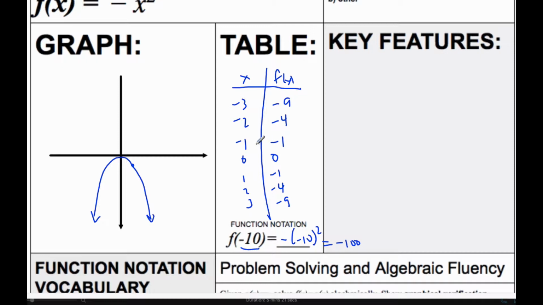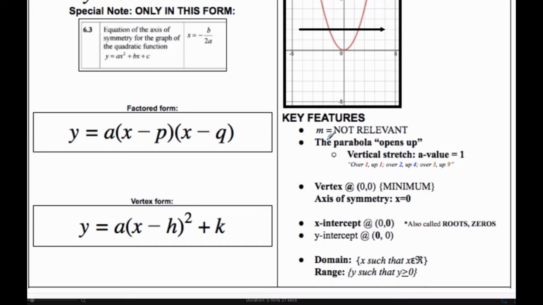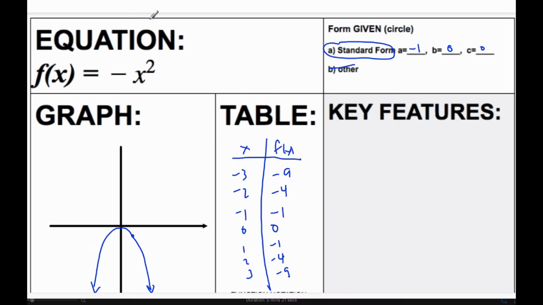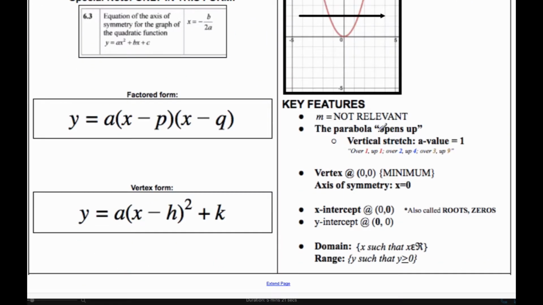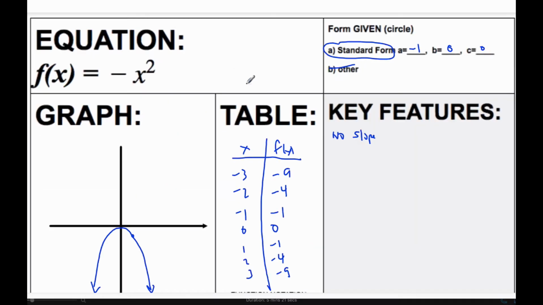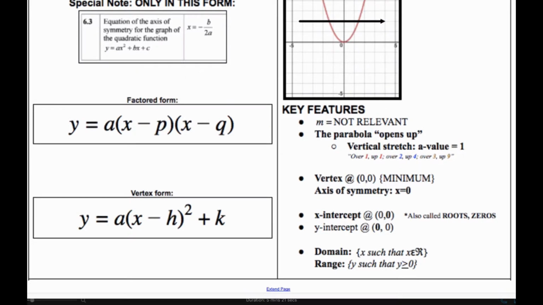Moving to our key features, we can see that m, our slope, there is no slope. It's irrelevant for quadratics. I want my a value, it opens up. My a value is 1, so I'm going to mention the a value. A value equals 1. Also going to mention the vertex and axis of symmetry.